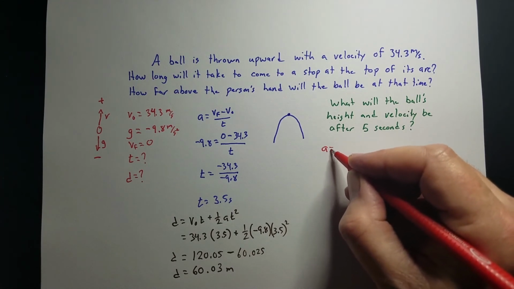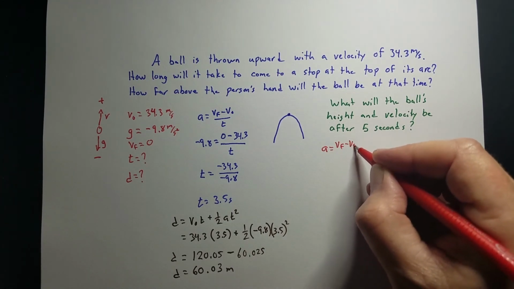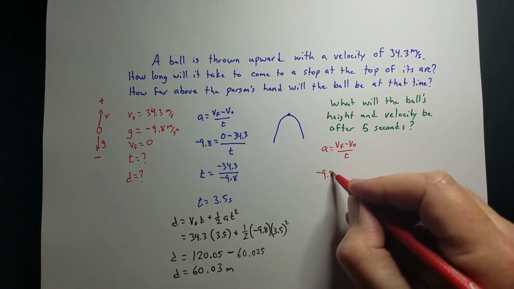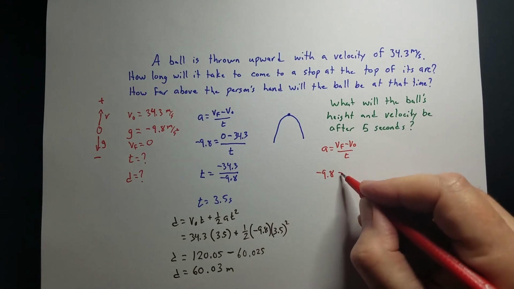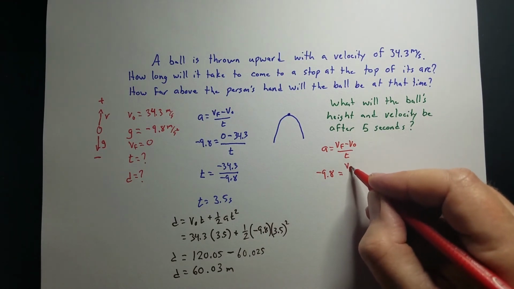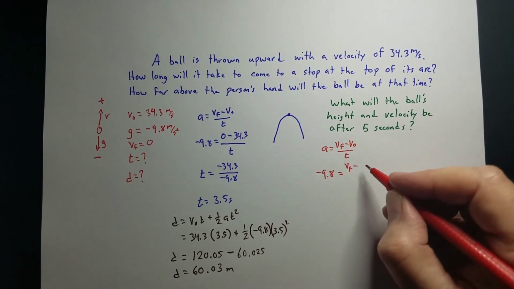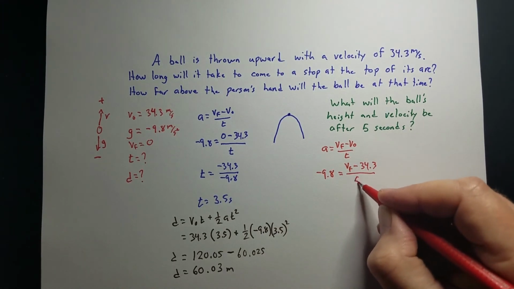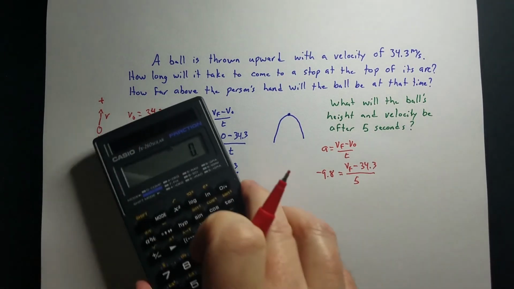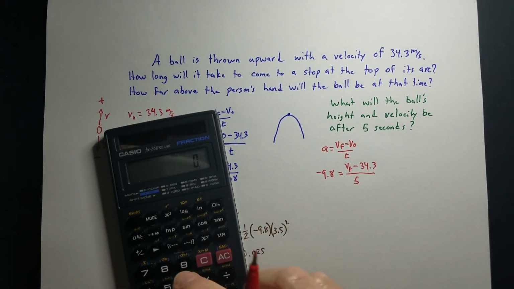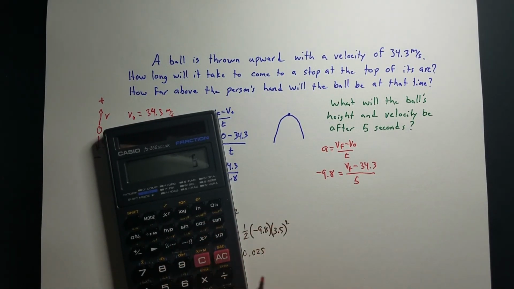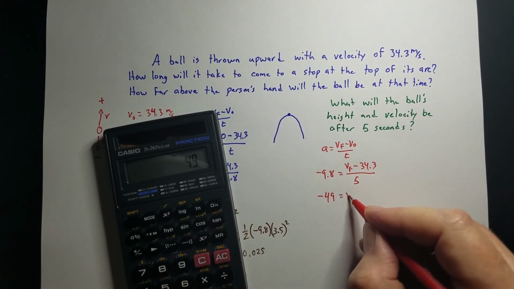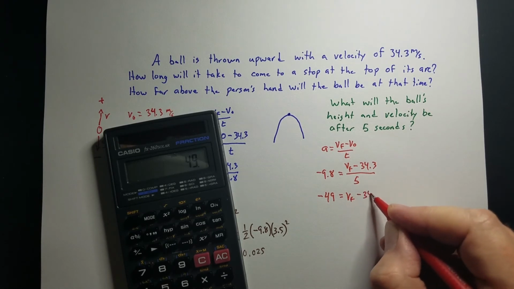So A equals VF minus VO over T. Acceleration is negative 9.8. We still got to keep that convention. Final velocity is what we're looking for. Original velocity was 34.3. And we're looking at 5 seconds. So 9.8 times 5 gives us, that'll be a negative 49 equals VF minus 34.3.